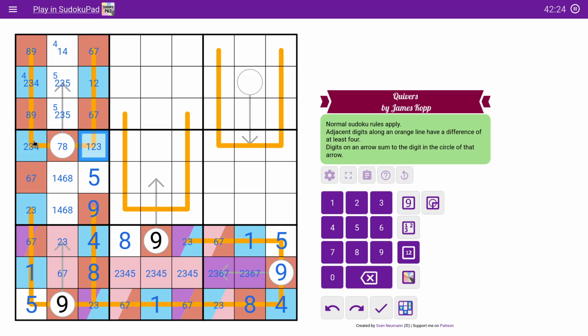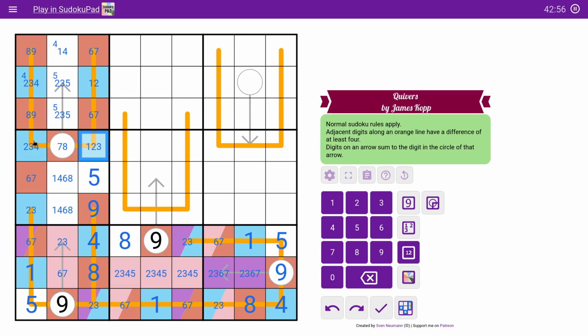This is a 2 or a 3. This is a 4, making this an 8. Making this a 3, 5. Making this a 2, 7. 4, 8. 3, 5. 2. 1, 4.